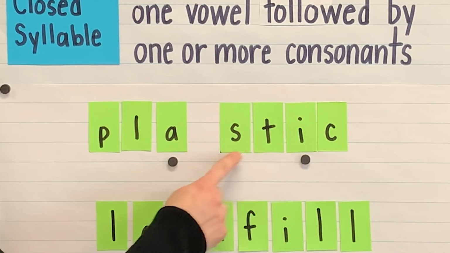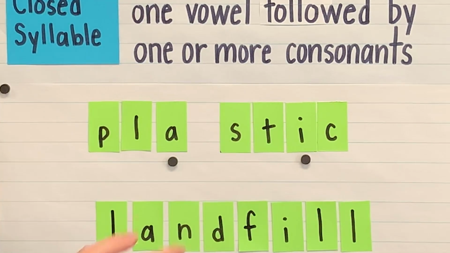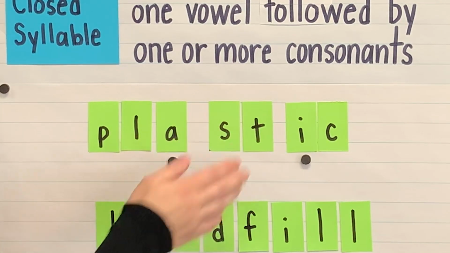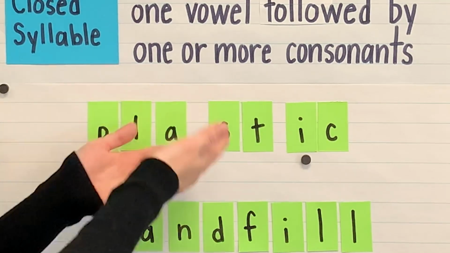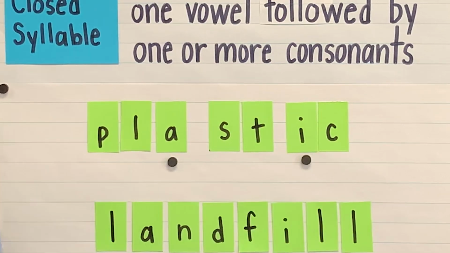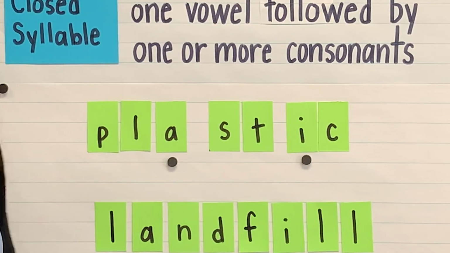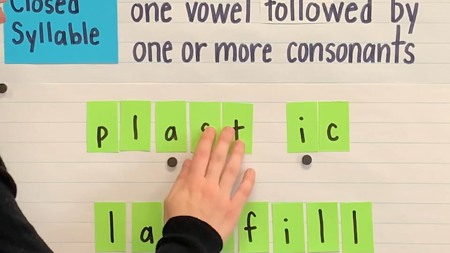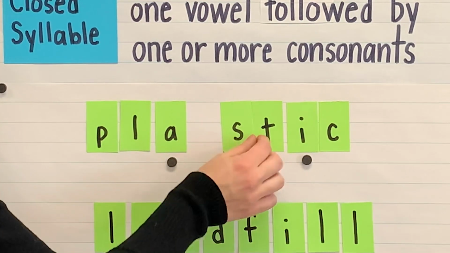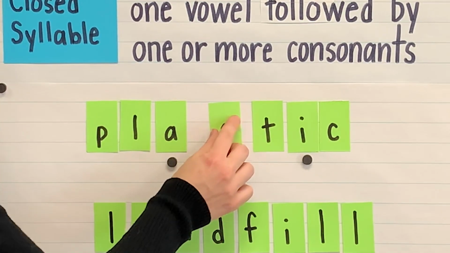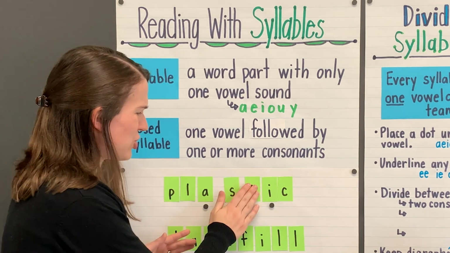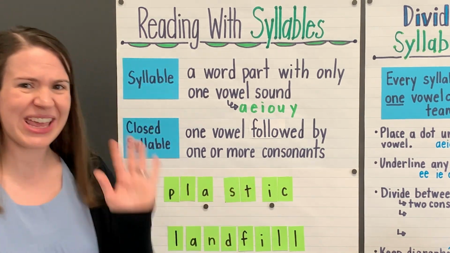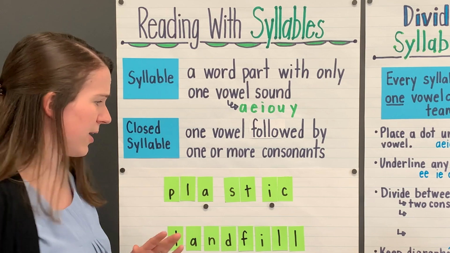Then we see two consonants in a row. Now, we have to make a choice. Where are we going to split this word into syllables? We could slide these here to the first syllable. We could slide them both to the second syllable, or we could split them apart. Before we do that, let me just put them by themselves in the center for just a second.